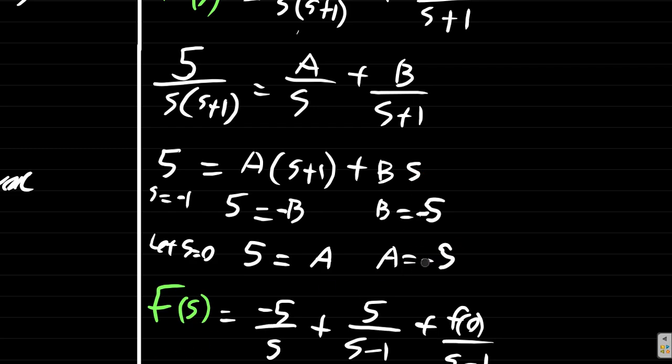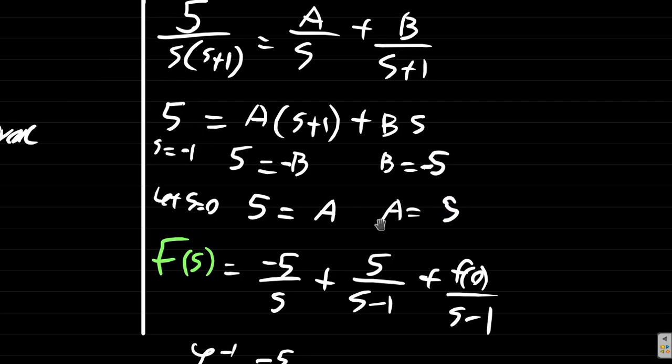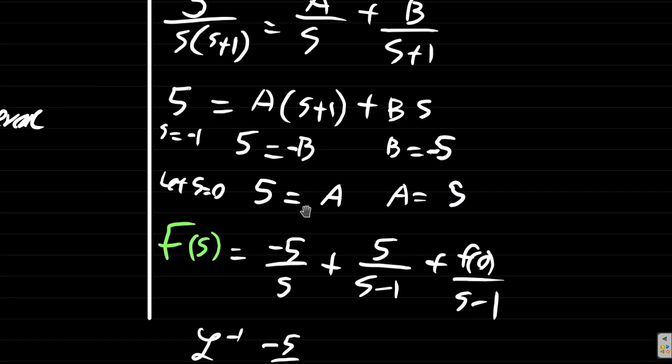So B would disappear. You see how easy it is to make mistakes when you're doing this or any other type of math. Alright, so in this case, what we have is that A is 5 and B is negative 5.